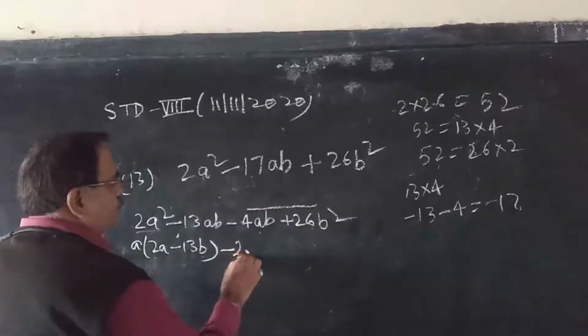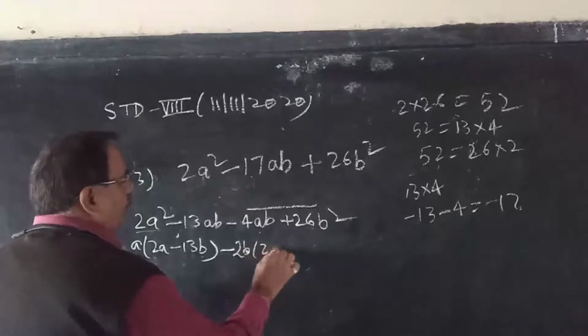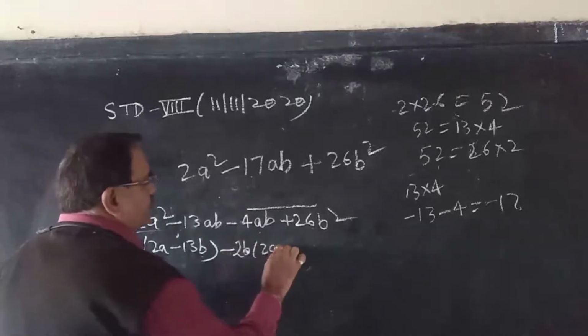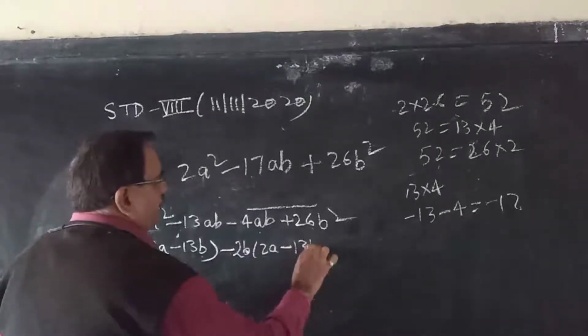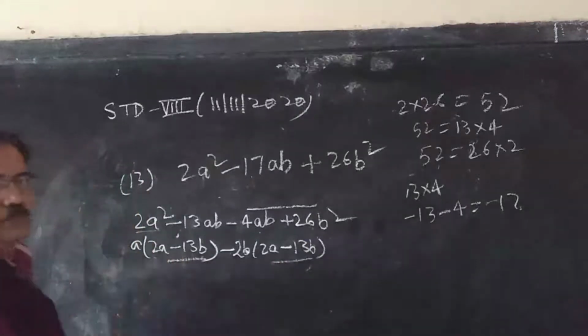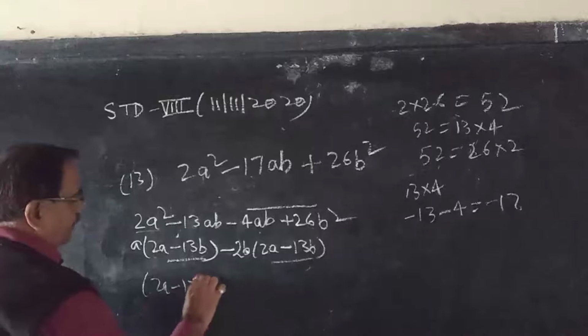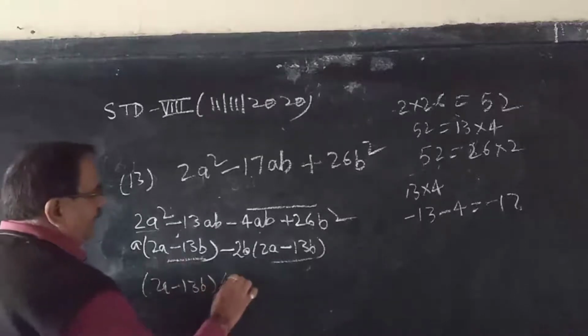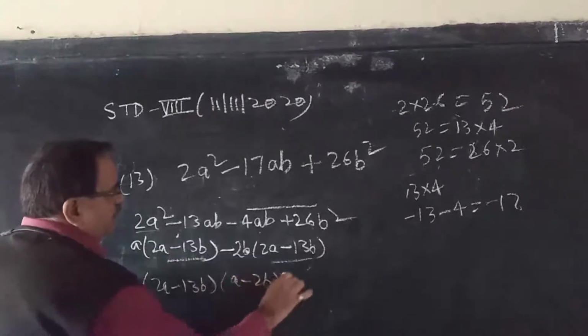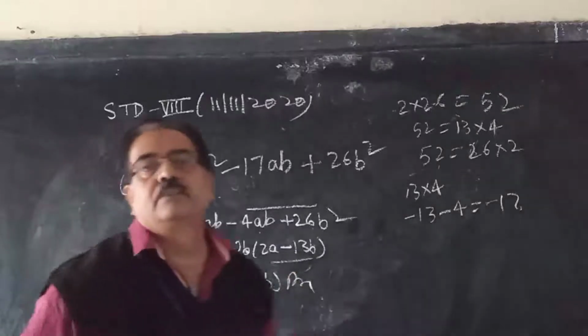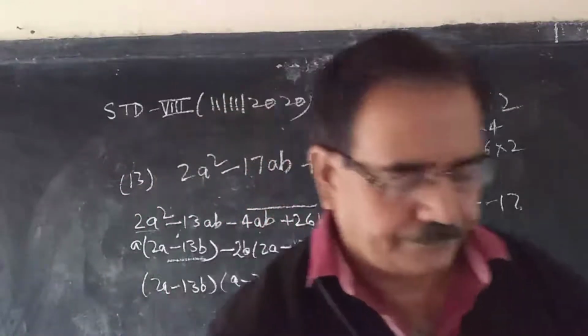Minus 2b, 2a minus 13b. Inside the bracket it is same. So on the whole common is 2a minus 13b. Then what is left? a minus 2b. This is our answer. Right, clear?